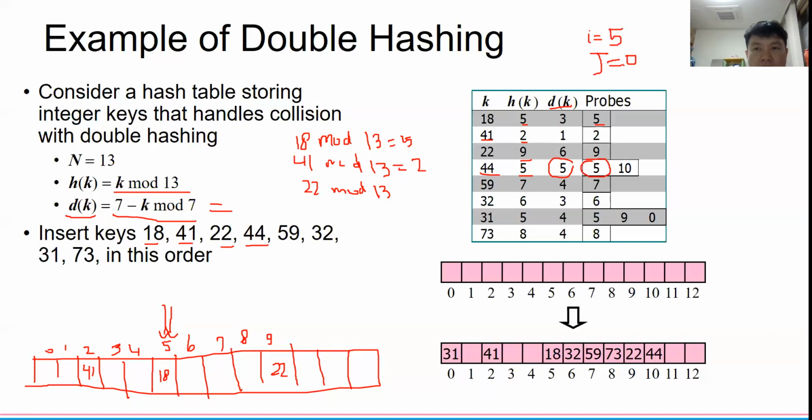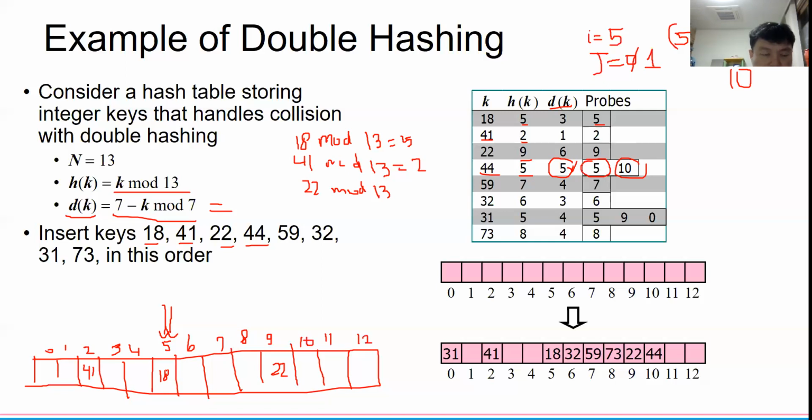We have i equals 5. When j equals 0, I just have 5. If j equals 1, it means 1 multiplied by 5 plus 5, so 5 plus 1 multiplied by 5 gives us 10. Because we have 10, you just put this value into index 10.